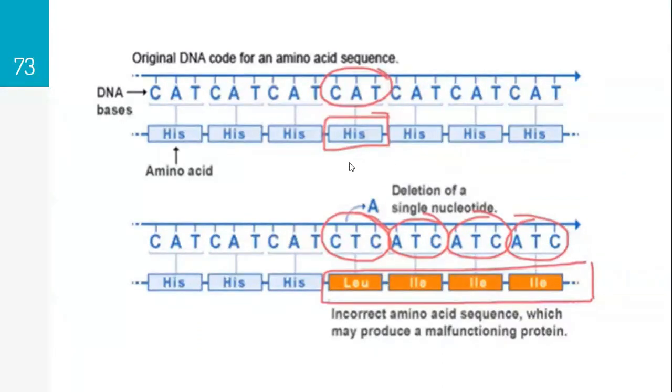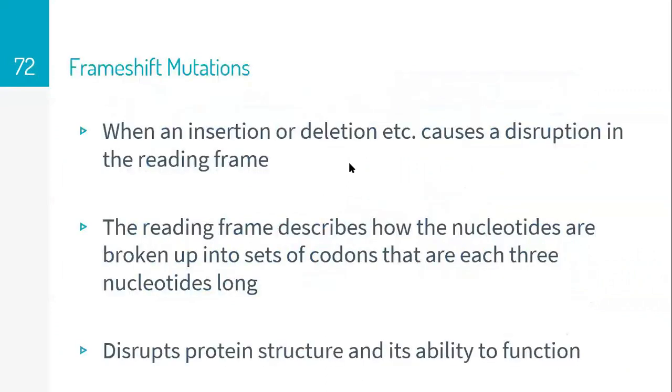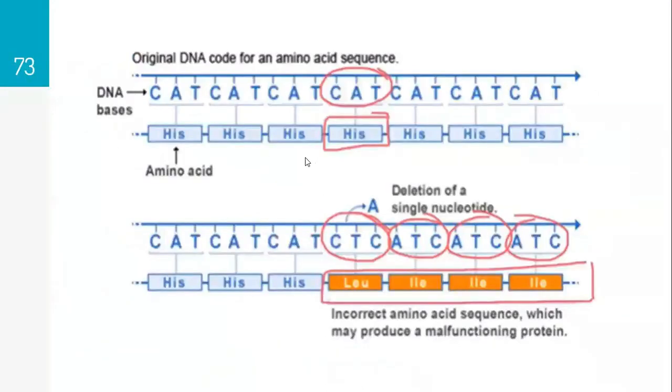But let's look at the frameshift mutation. We have 1, 2, 3, 4, 5, 6, 7, and 1, 2, 3, 4, 5, 6, 7 as well, but you have a deletion. It's kind of deleting the nucleotide just as is. However, in terms of insertion, you may have a different protein being formed.